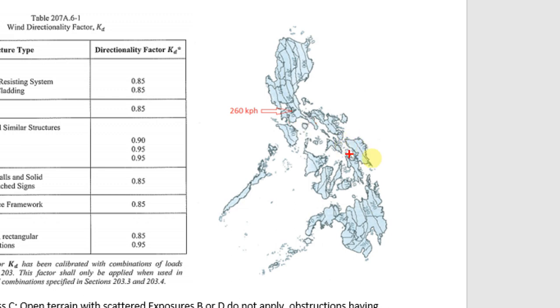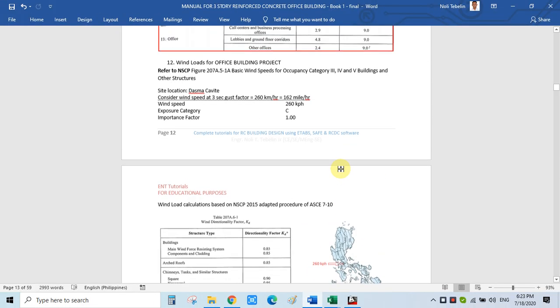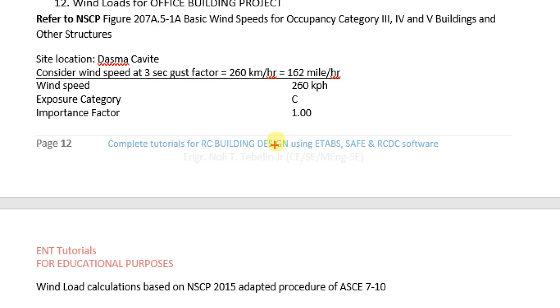Then, we will consider wind speed at 3-second gust from NSCP. This is 260 km per hour, equivalent to 162 miles per hour. Okay, then our exposure category C and importance factor 1.0.